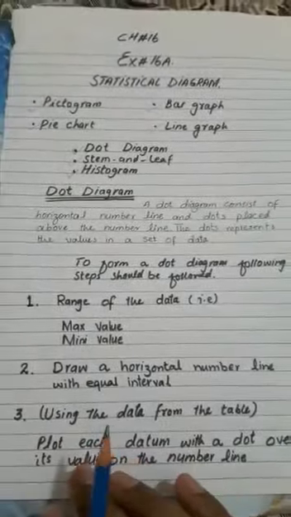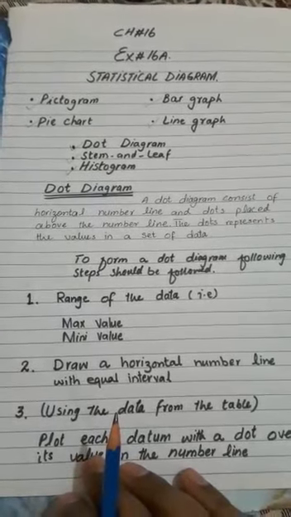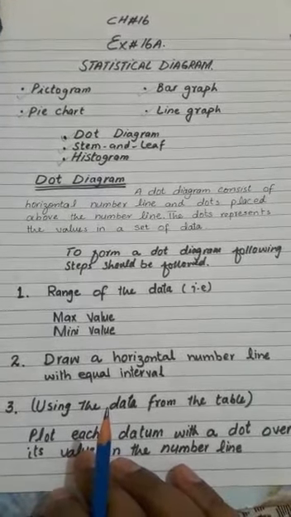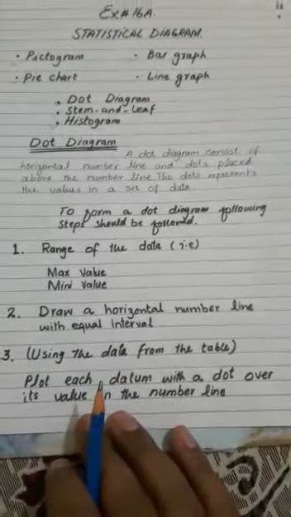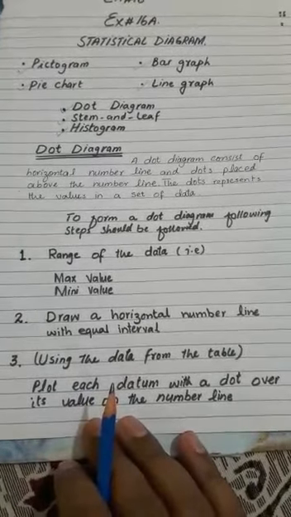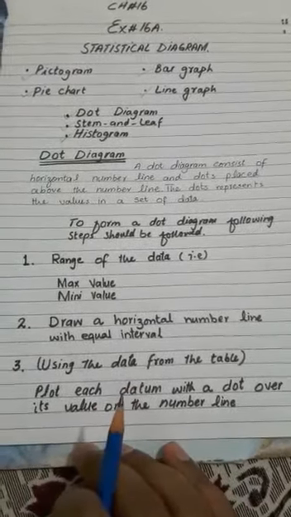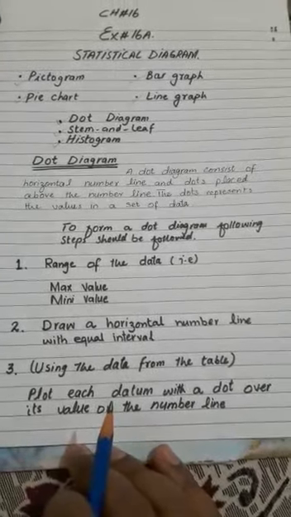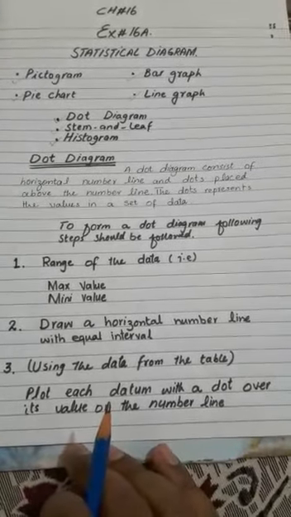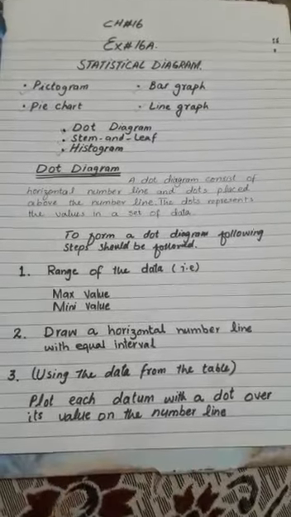In the second step, we draw a horizontal number line with equal intervals. In the third step, using the data given in the question or from the table, plot each data with a dot over its value on the number line.